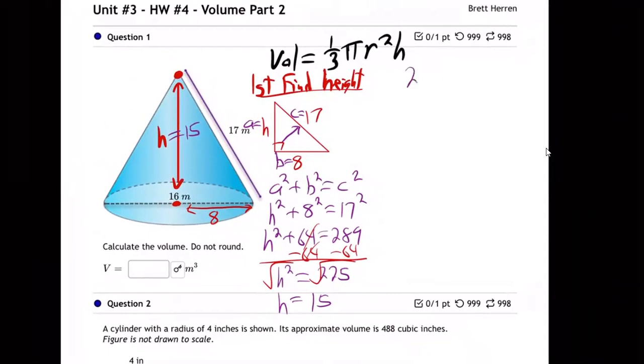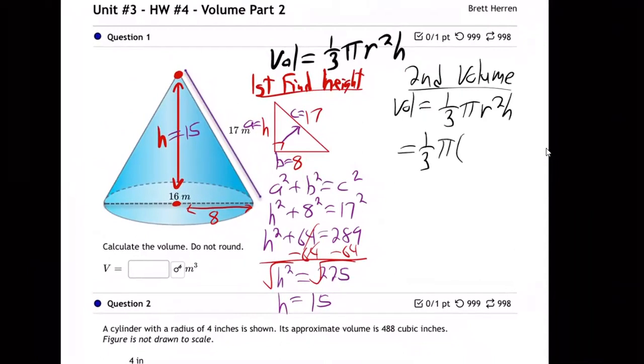So now, second, let me come over here. Second, we can do the volume now that we have the height. So the volume, again, the formula right there, 1/3 pi r squared h. So that's going to be 1/3, use the pi button. The radius is the 8, isn't it? That 8 is the radius because it's always halfway across the circle from the middle to the edge. And so that's the radius.